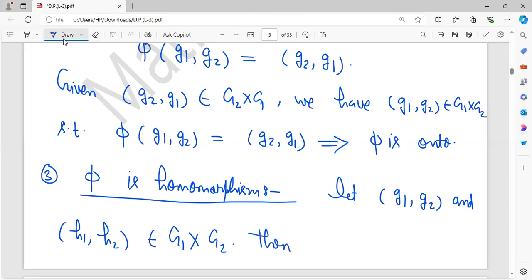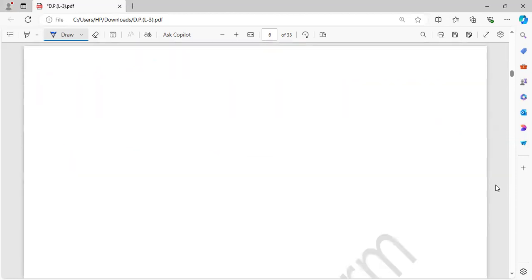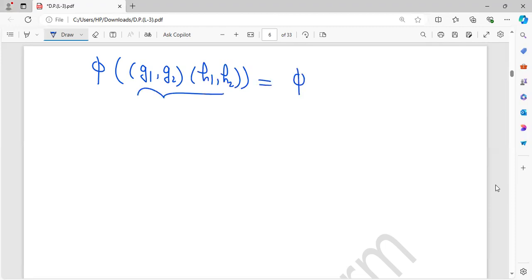Then phi((g1, g2)(h1, h2)) is equal to, what is this inside? This is nothing but phi(g1 h1, g2 h2). Now what is the definition of phi?